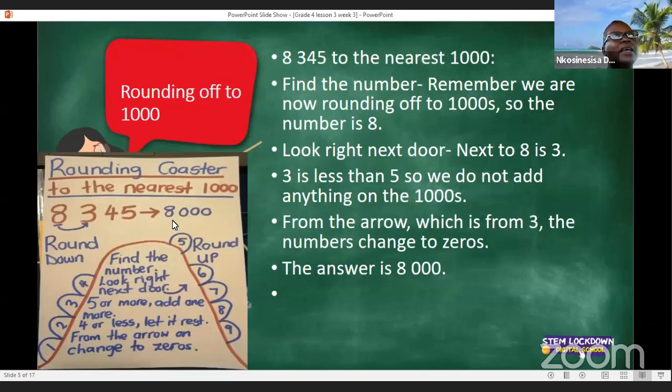So our answer is 8,000. In this case, we did not round up, we actually rounded down. 8 did not change because 3 was 4 or less. So 3 is less than 5. That is rounding off to the nearest 1,000.